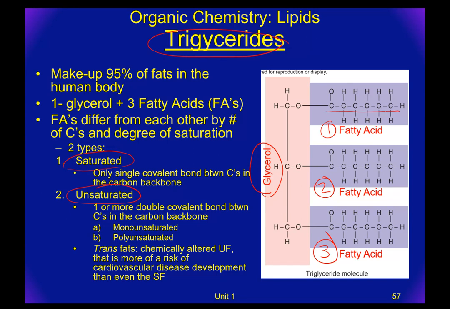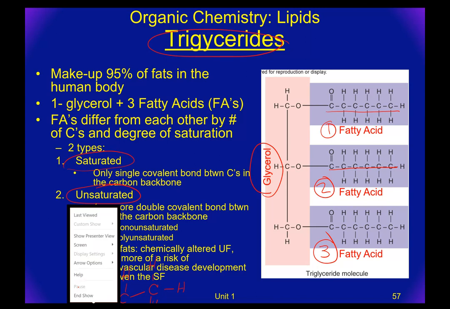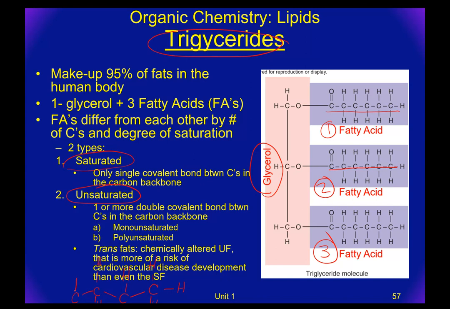So if you look at this chain of carbons here, saturated basically means that every carbon has 4 partners. So I've got 4 partners for this carbon, 4 partners for this carbon, 4 partners for this carbon, and 4 for this carbon.